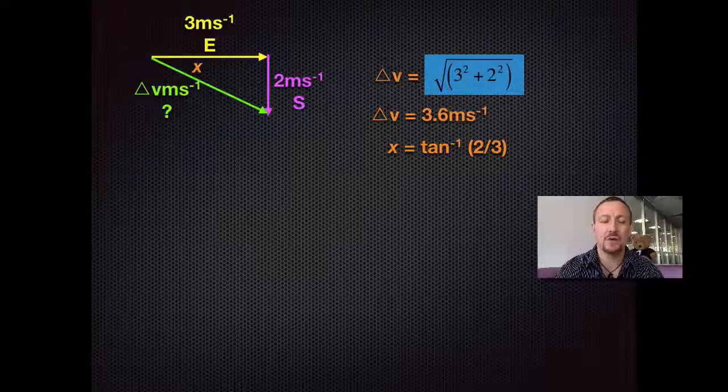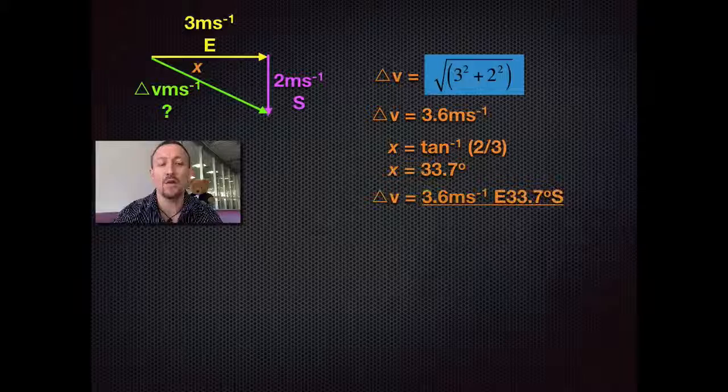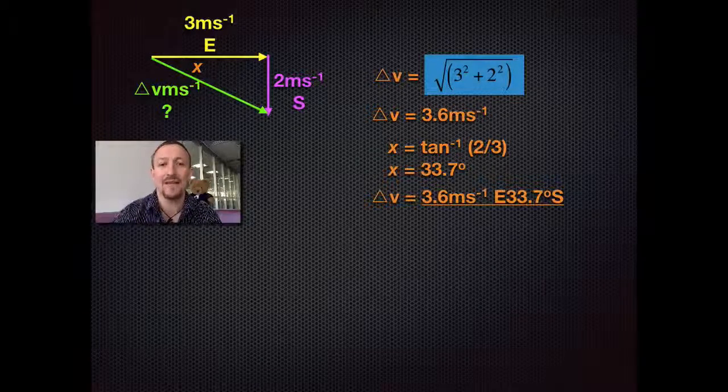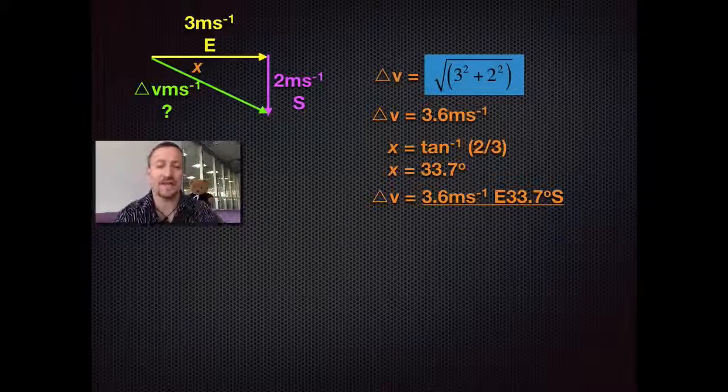Opposite is 2 divided by the adjacent, which is 3. Solve the equation, I get 33.7 degrees. So combining all that together, I get an overall change in velocity of 3.6 meters per second east, 33.7 degrees south. So that's where the change in velocity is acting.